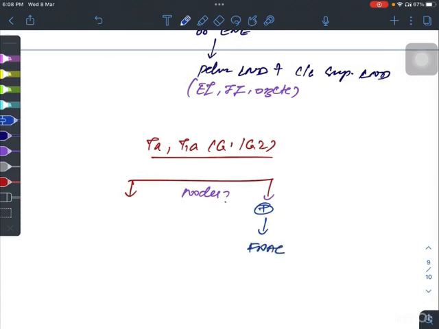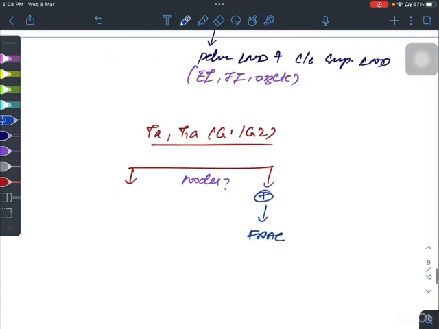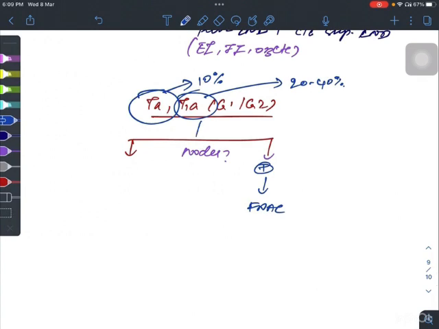You don't want to give antibiotics in this case, because the risk of nodal involvement in Ta is around 10%, and for T1A it's around 20 to 40%. So that's the reason it's unlikely to be an infection. Mostly it will be a metastasis. Not mostly, it can be a metastasis.